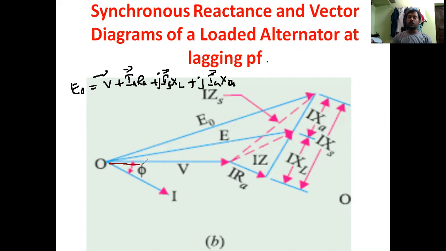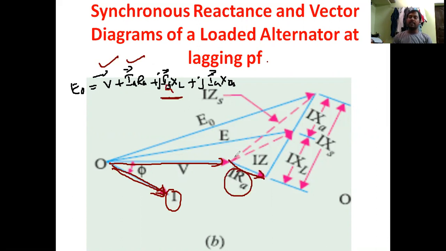So look at this one. This is voltage V, and I wrote the current with some angle. Next, IARA must be parallel with the I. So this is I, and parallel to the I is IARA like this. Next, IAXL must be 90 degrees with the IARA.